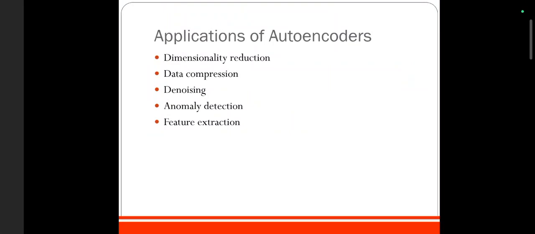Another important application is image denoising, where noise is removed from corrupted images. Autoencoders are widely used for anomaly detection, where unusual patterns or defective data are identified. Finally, they are used for feature extraction, where meaningful features are automatically learned for classification and prediction tasks.